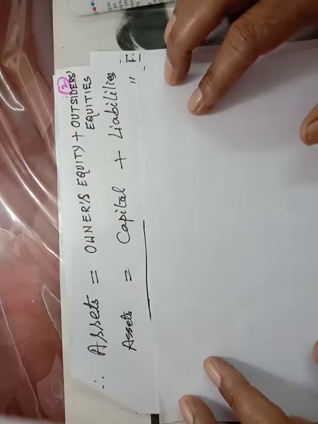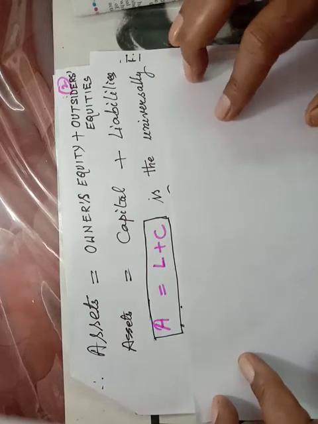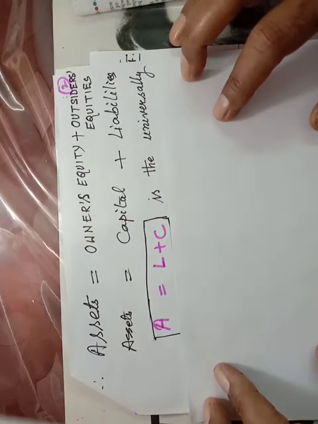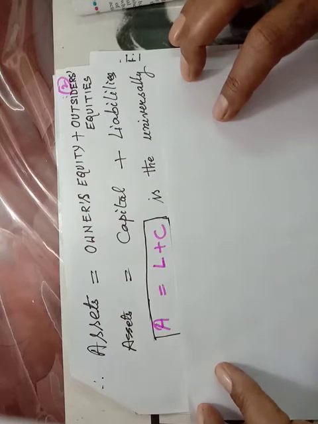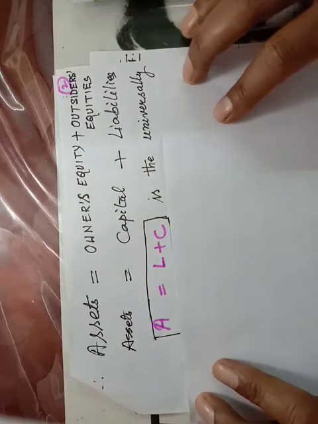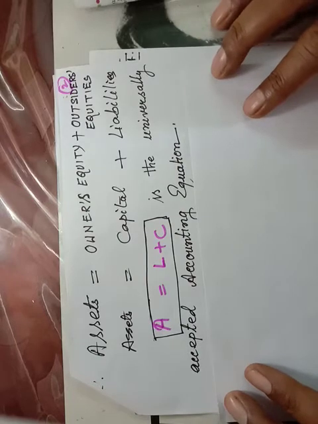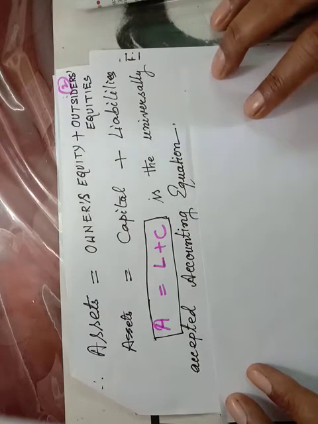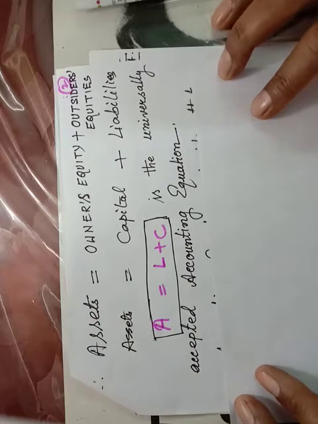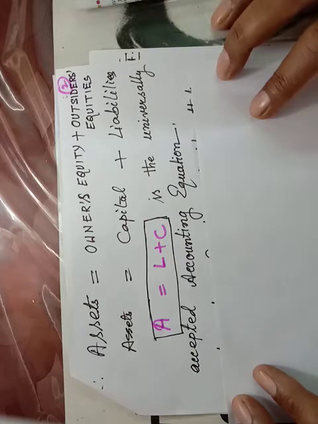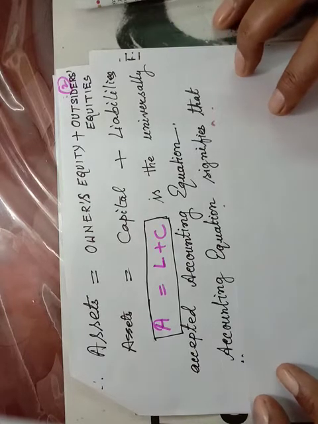There are two claims, as I explained before. Now A is equal to L plus C, in some books it is C plus L, is the universally accepted fundamental accounting equation. A is equal to L plus C. Assets is equal to liabilities plus capital or capital plus liabilities.